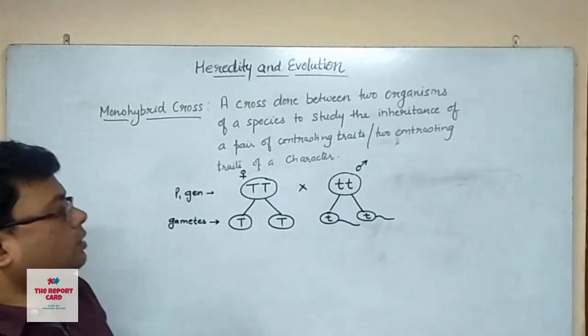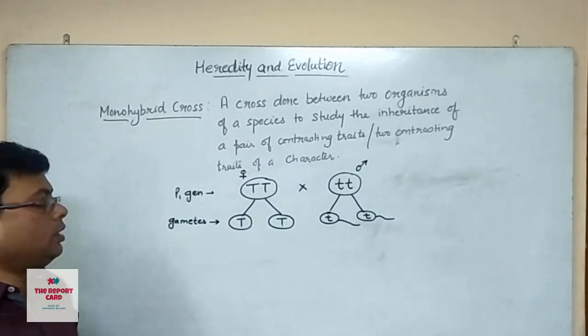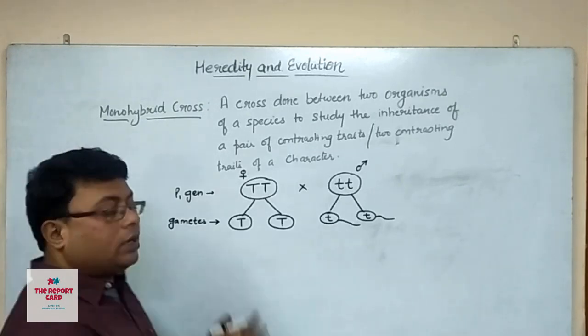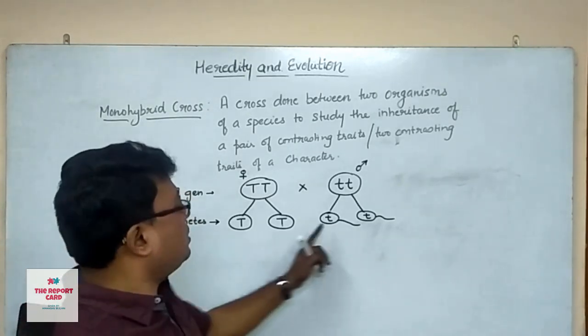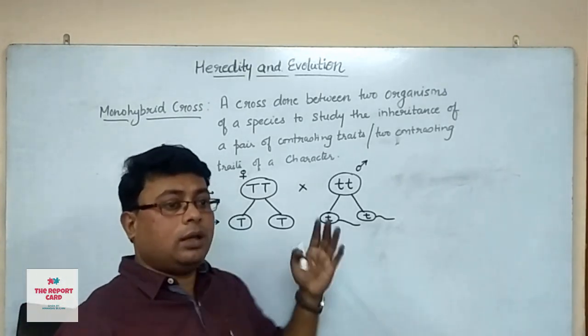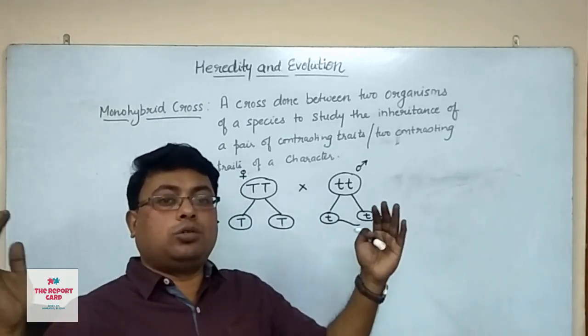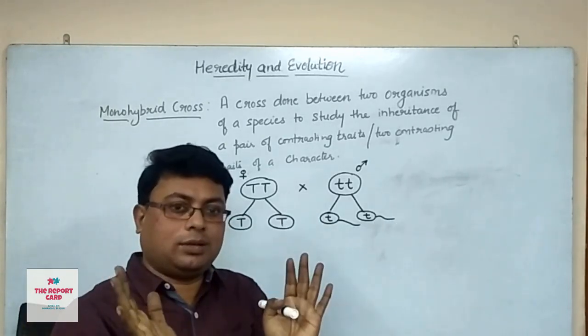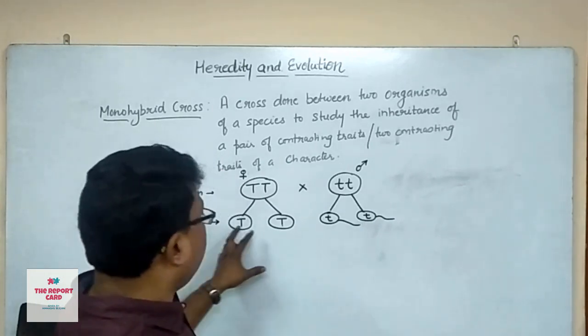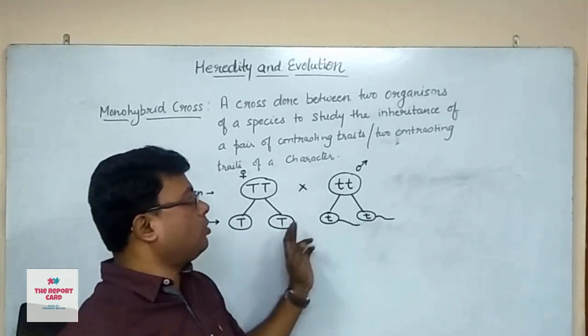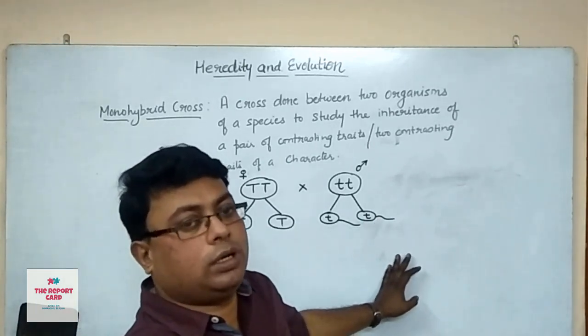Similarly for male also. Now, during fertilization, the gametes are going to fuse, and again in the zygote two alleles will enter. We show gametes with only one allele because gametes are haploid.